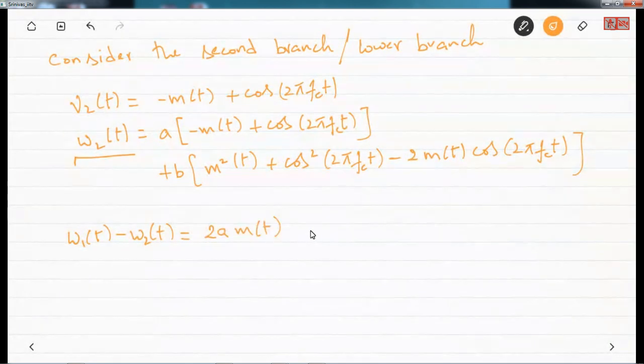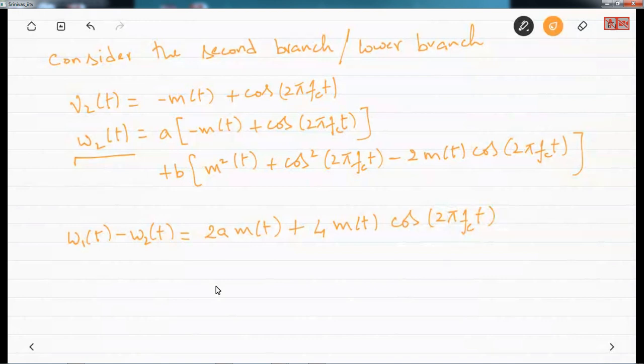And these cos terms will get cancelled, plus 4 m of t cos 2 pi fct. Right, you got it?